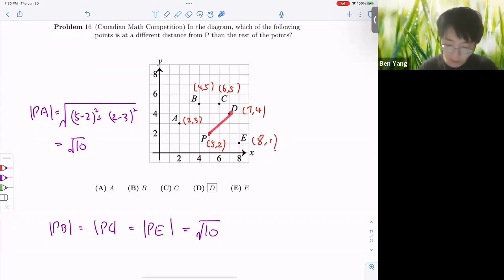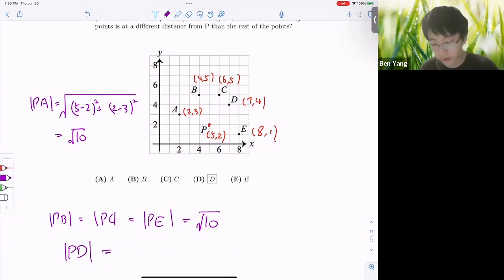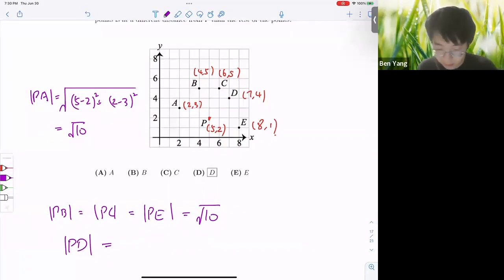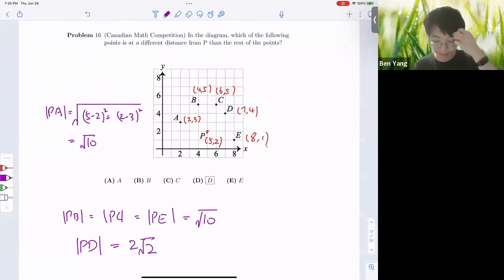But this PD is quite different. If you compute the distance, that's 2 root 2, different from the rest of the distances. So the answer is D.